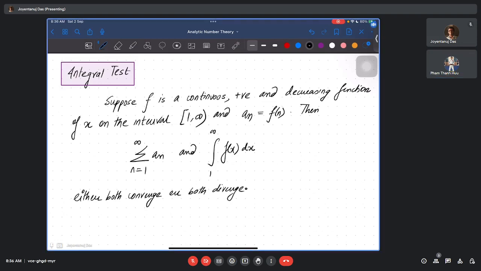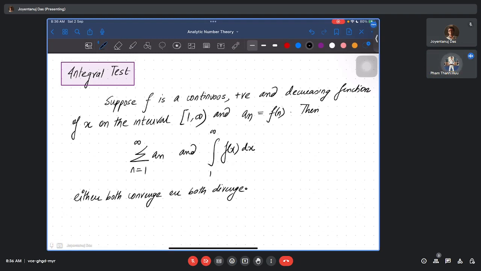So this is the integral test. When we want to show that a particular series is convergent or divergent, we can use the integral test. It is one of the tests. The function must be continuous, positive and decreasing. A decreasing function we know: when the value of x increases, the function value decreases.